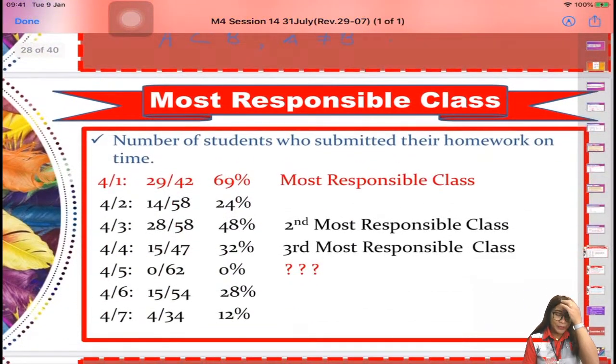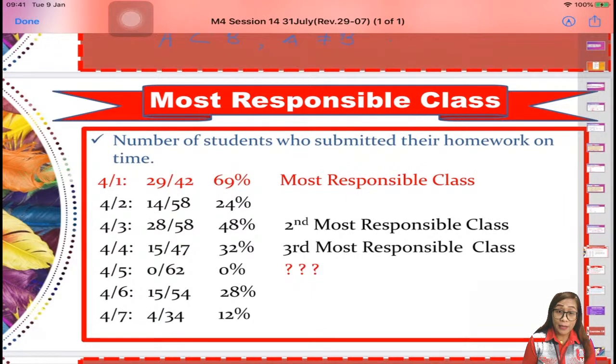Okay, before you do your homework, for the most responsible class, as usual, we have here the number of students who submitted their homework on time. This does not include the number of students who submitted their work late. For 4/1, 29 students out of 42 submitted the work.